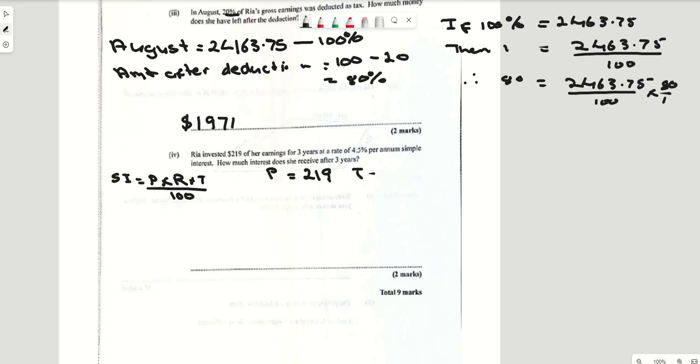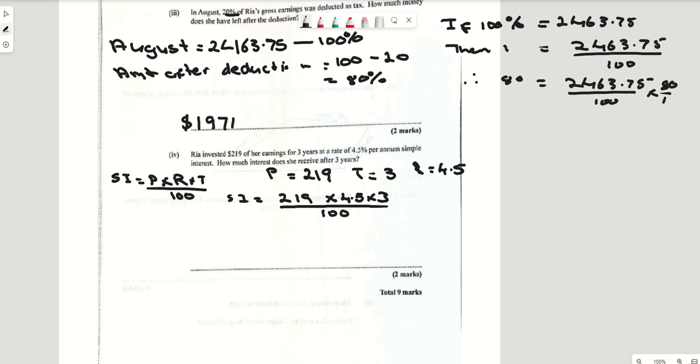Time is always in years, so it's 3 years. And your rate is your percent, which is 4.5. So you just put these values in this formula. Simple interest is equal to 219 multiplied by 4.5 multiplied by 3, all divided by 100.